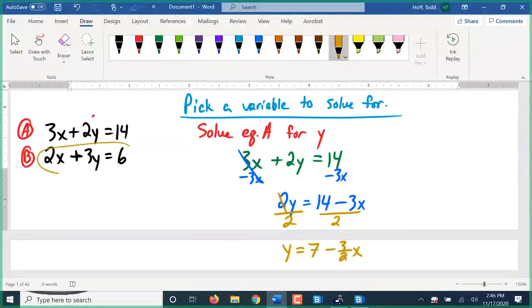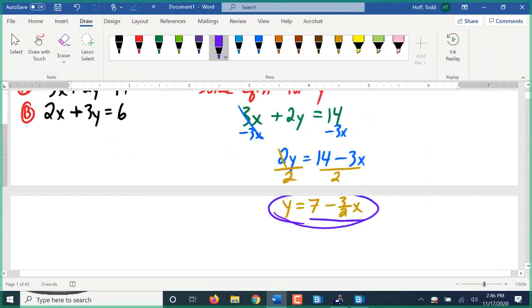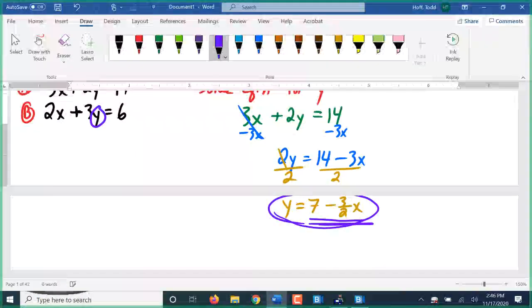Now I could solve this one for y as well and just put them together like I did up above, but I don't need to do that. And also here, because it's a coefficient of 3 on the y, dividing by 3 is going to give me ugly repeating decimals. I don't want to deal with that. So what we're going to do is simply take this expression here for y equals 7 minus 3/2 x, and rewrite this equation here, replacing y with the 7 minus 3/2 x.